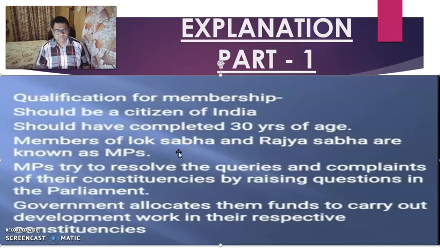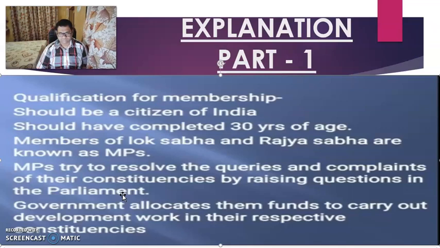What are they called? MPs. Now what is the work of these MPs? They try to resolve the queries and complaints of their constituencies by raising questions in the Parliament. As they are representing their constituencies, they have to be always talking about resolving the queries and complaints of their constituencies.